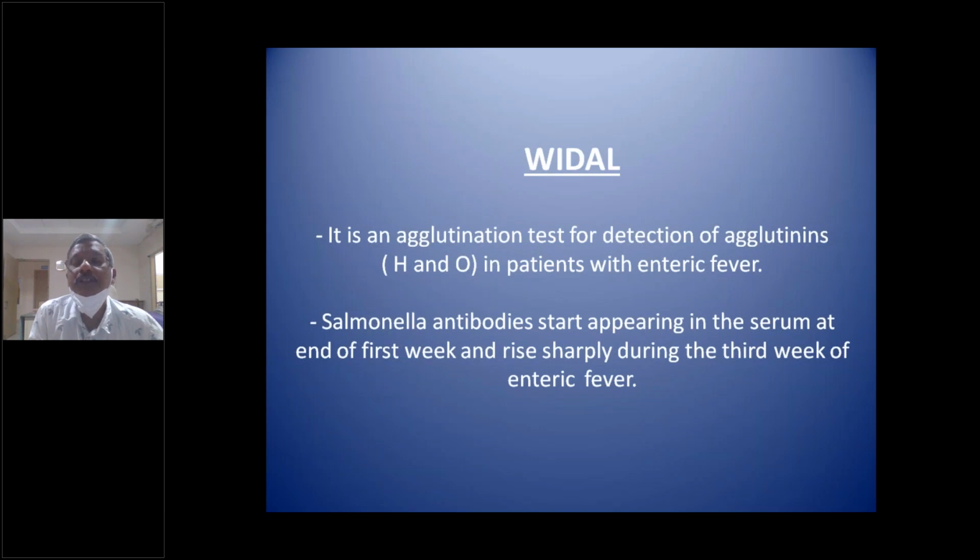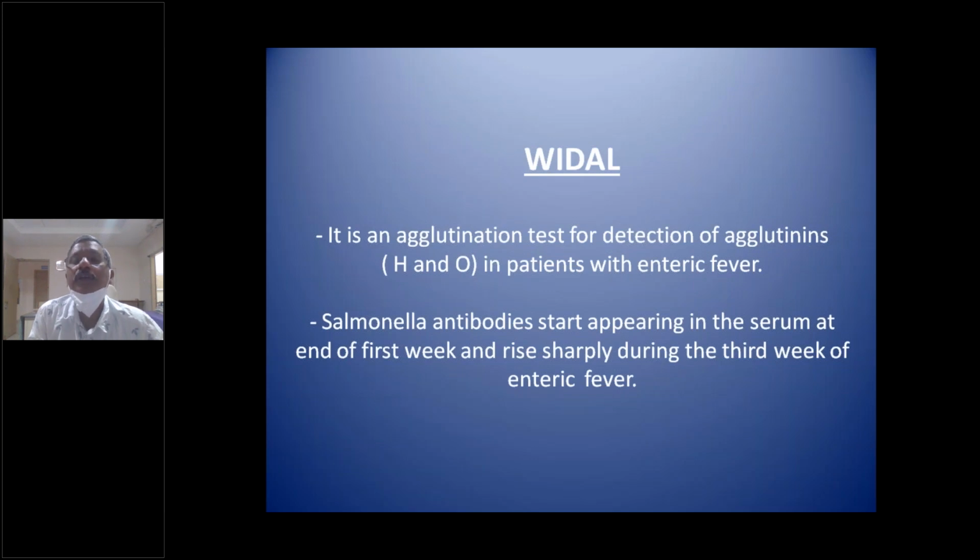But this test is for the detection of antibodies of all four bacteria. Antibodies of all four bacteria can be detected by the agglutination test principle. The scientist who first described this test is Fernand Vidal.